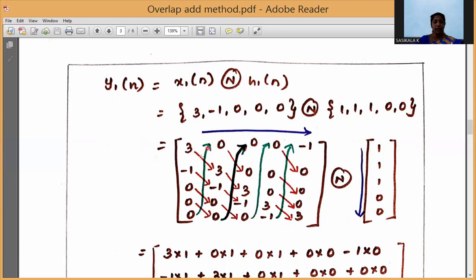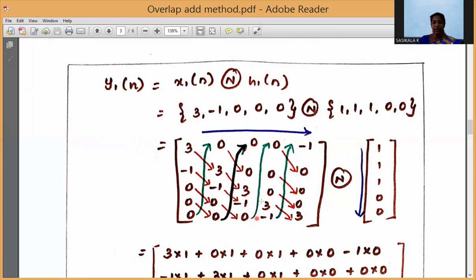So now this 3 is written here, and minus 1 comes here, and 0 comes here, and 0 is written here. And for the third column, what you have to do is the second column's last element is taken as the third column's first element, and the remaining data is written in the downward sides. Okay, so 0, 3, minus 1, 0.